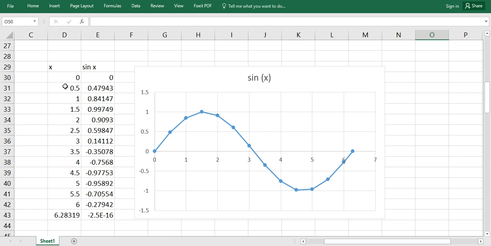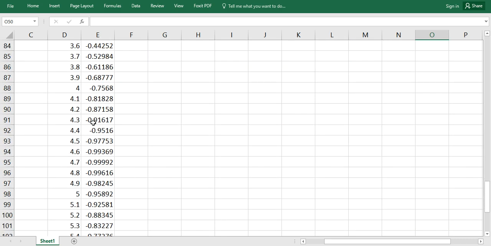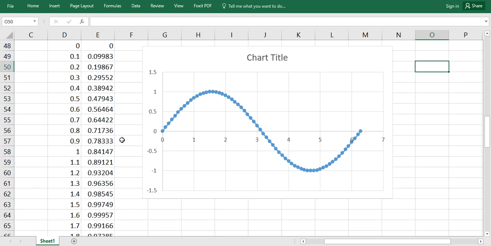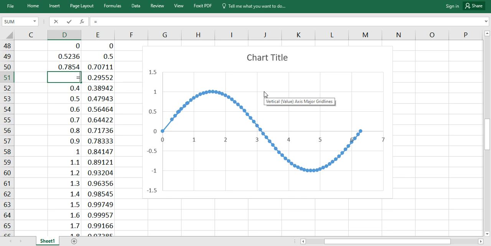Also, I have told you that you can go for values like 0, pi by 6, and so on. So let me do that also. Instead of this, I am just writing these values: 0, pi by 6, then pi by 4, then pi by 3, then pi by 2.